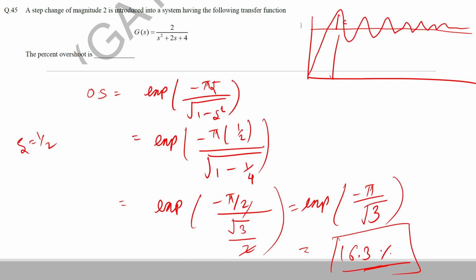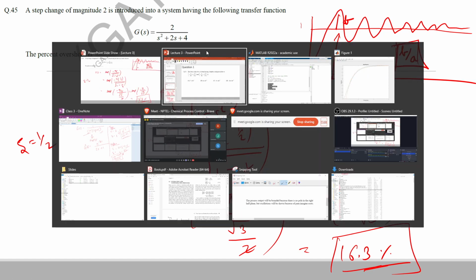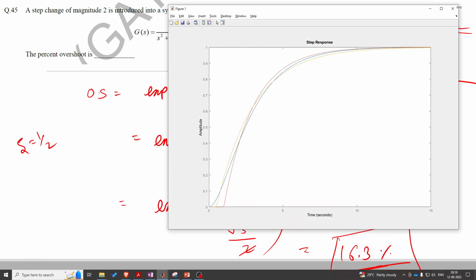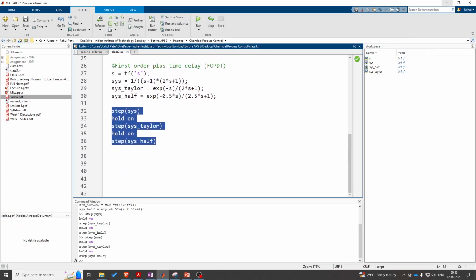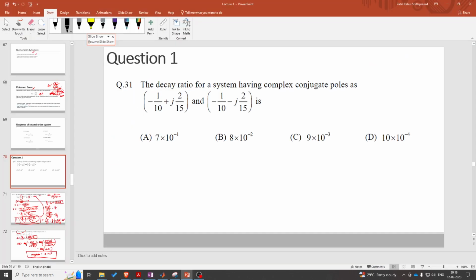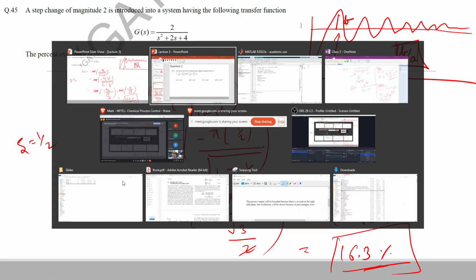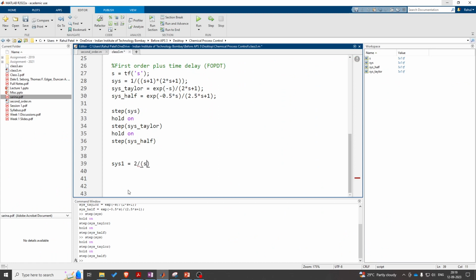If this is C, this is B, this is A, then the overshoot ratio we define as B by A. So let's try to find the response of this function, s square upon 2s plus 4. So this is our transfer function, and I have to find the step response.